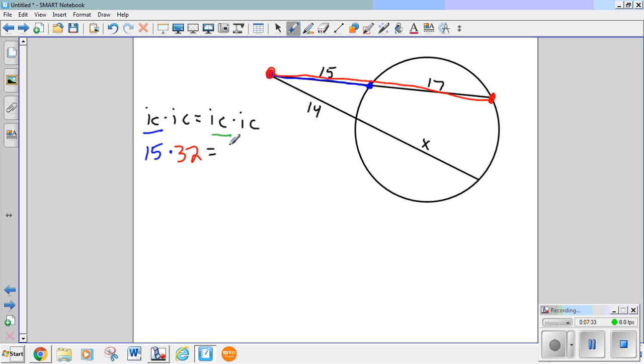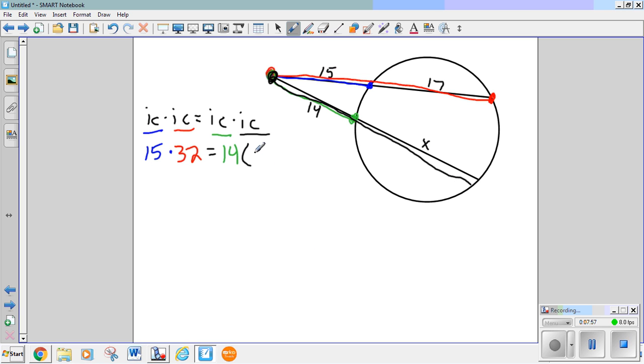For the second segment, the first IC from the intersection to the circle is 14. From the intersection to the circle again is 14 plus x.